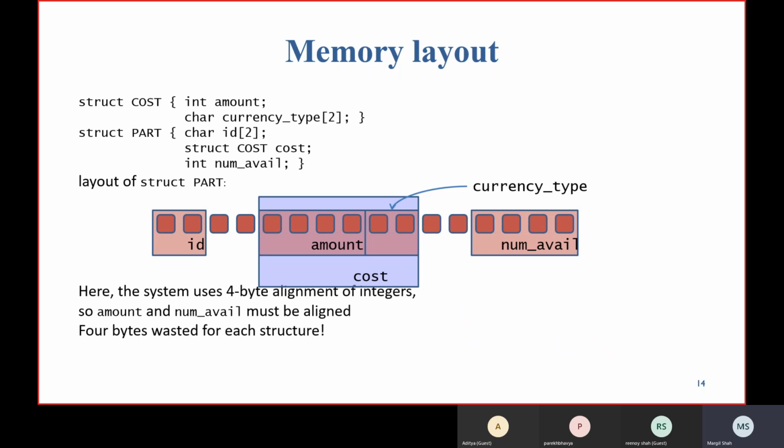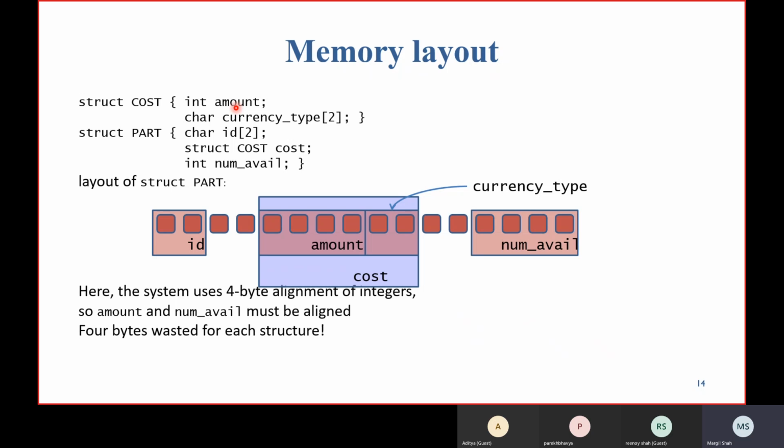Then the layout of the part structure. So id, that is the first, characters 1 and 2, so 2 bytes. Then structure cost, suppose we assume there is a space in between, or this memory will be used for the structure cost, then cost has amount.